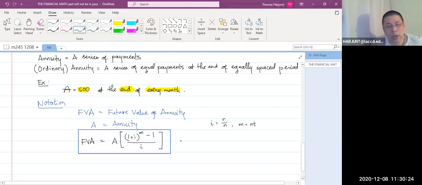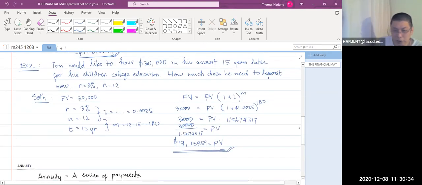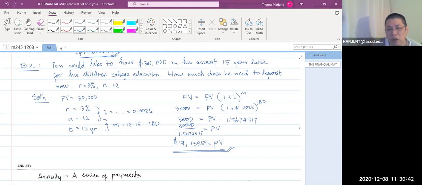That is the formula. And this is actually quite useful if you want to see the power of saving, right? Instead of saving one time $19,000 right now, which is very heavy for me, to the point that even if you give me 1 year, I don't think I can actually have that $19,000 in my hand, because I have other things I need to pay, especially if I have that much money right now, I'd rather pay my house, right?